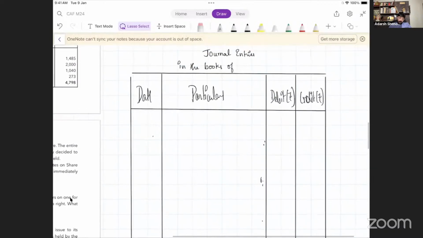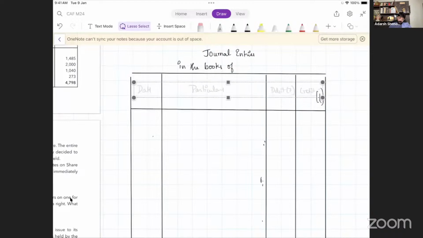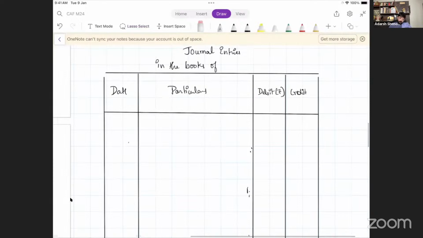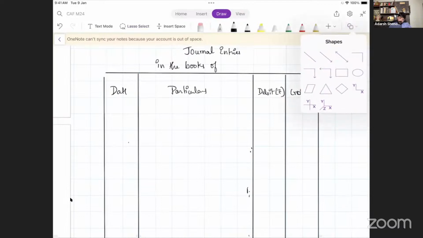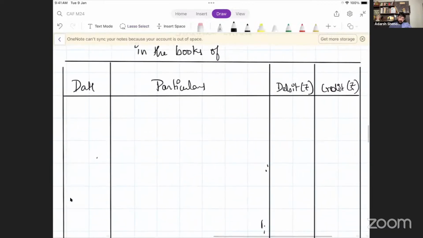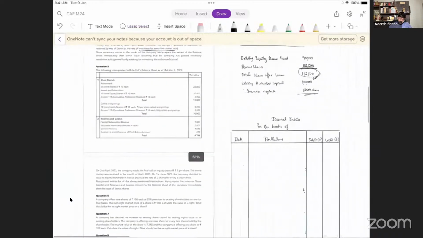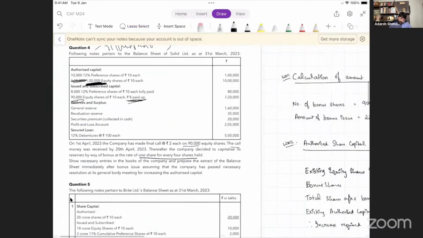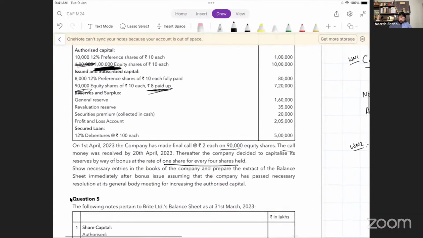Let's begin. Before I go to the bonus issue, I can't issue bonus shares as it is, because right now they are partly paid shares.